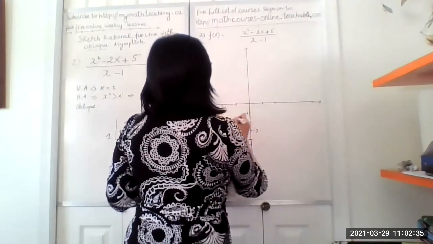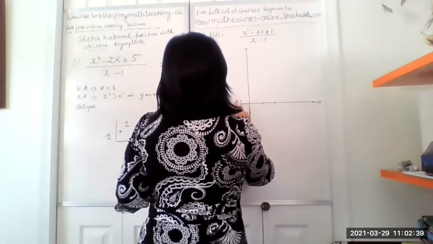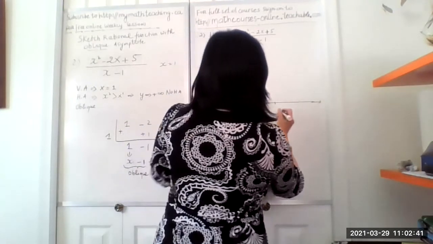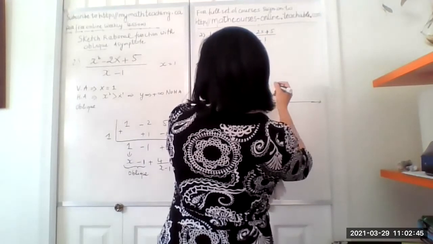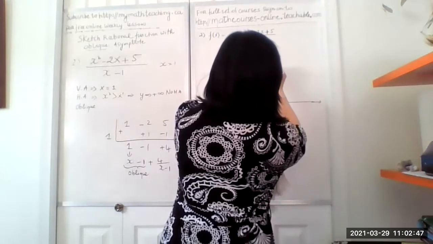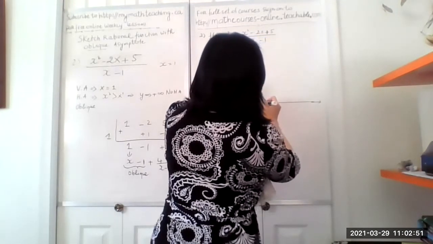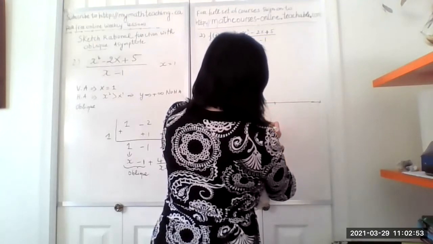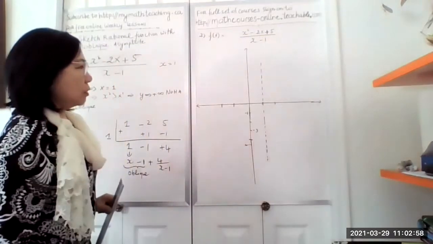I'm going to make a big scale for x here. So we have a vertical asymptote at x equals 1. So that's our vertical asymptote.